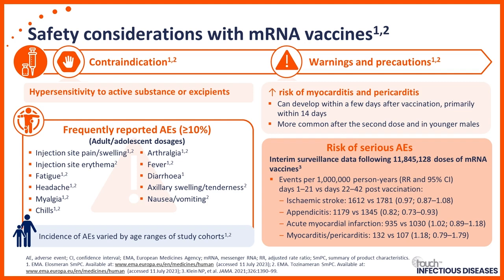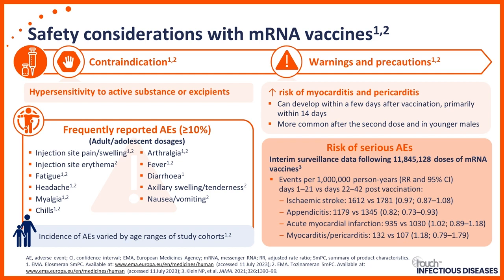But the risk as such, the absolute risk, how frequent is that? How frequently do I face an event? Well, with these numbers, we can refer to 1 million person years and evaluate how often these AEs occur.